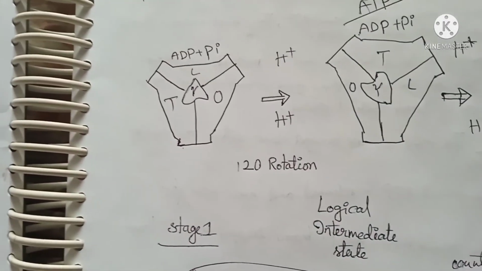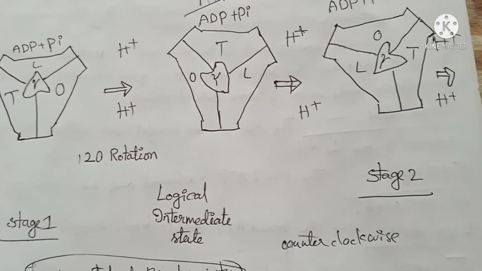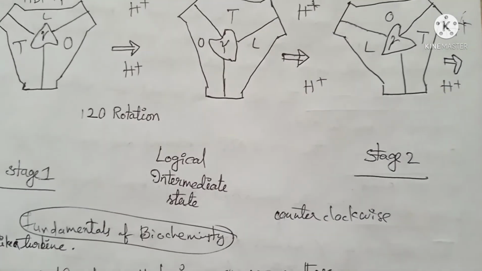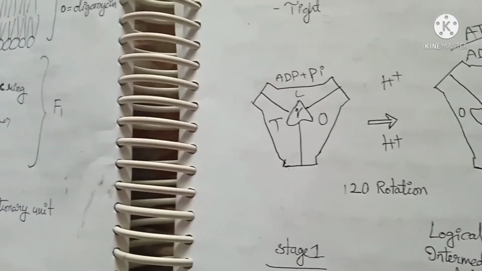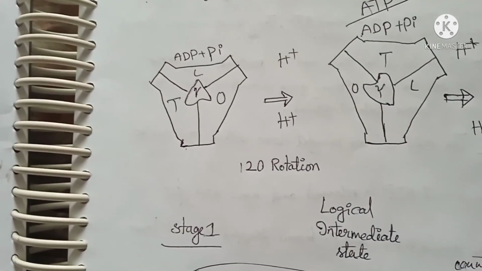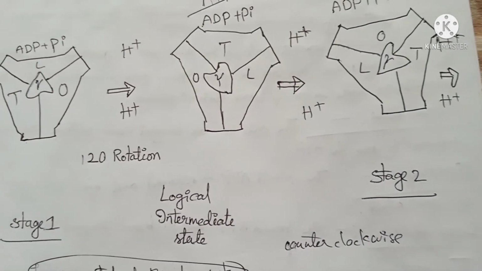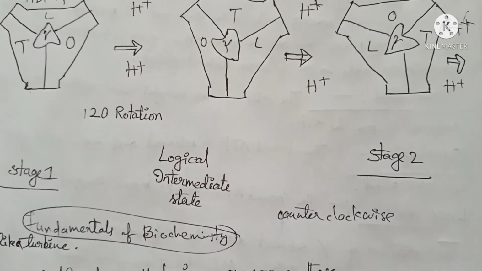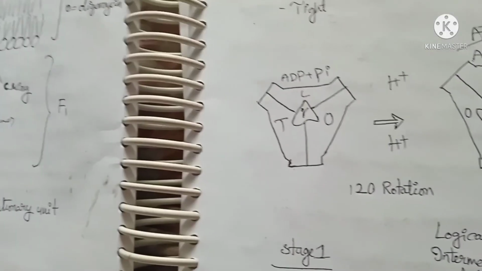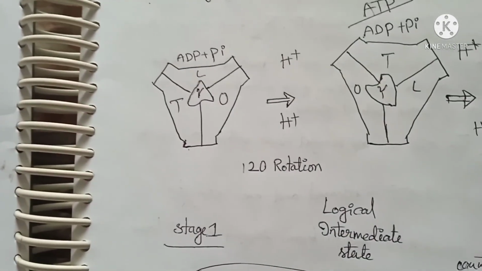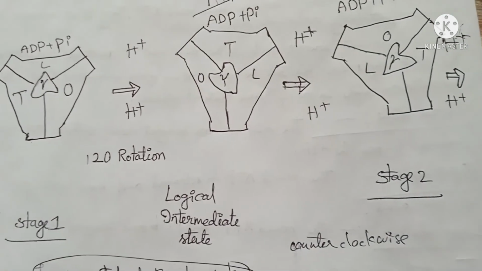This allows it to release the ATP. Once the ATP is released, a new set of ADP and inorganic phosphate will enter the open beta subunit. Another rotation of 120 degrees in the counterclockwise direction will lock the reactants in by converting the open state into the loose state. This description is known as the binding change mechanism.